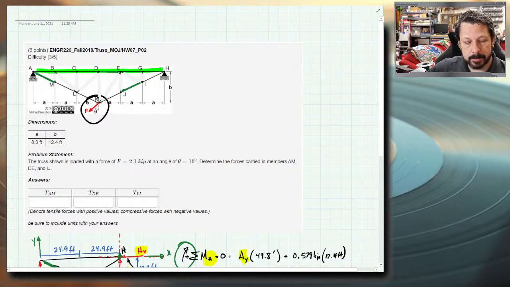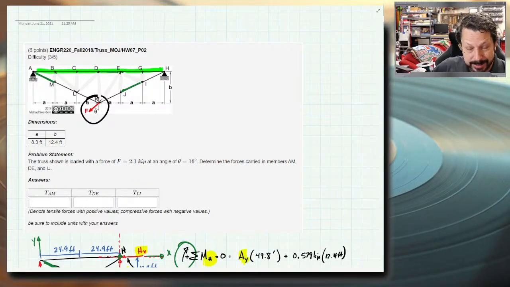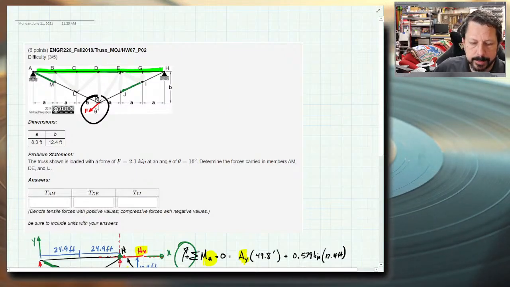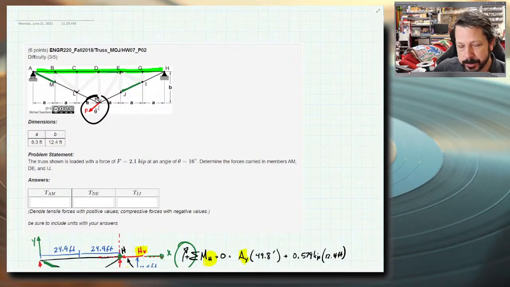So it's all compression at whatever force AB is. AB equals BC equals CD equals DE equals EG equals GH. I don't know why the G's in the weird order like that. It's kind of weird. Oh, they didn't put F because F is the force. Okay, that's why. Just to not confuse it.